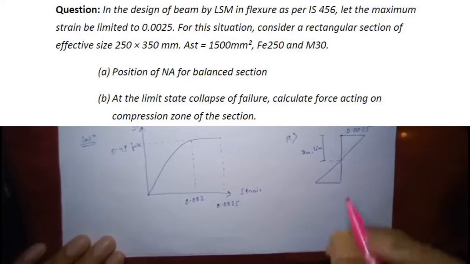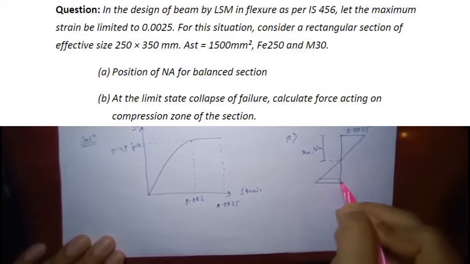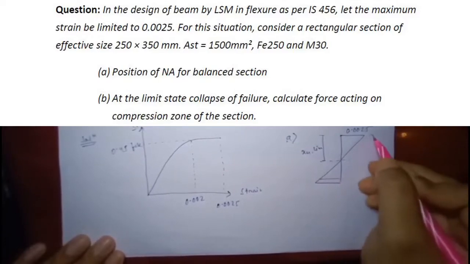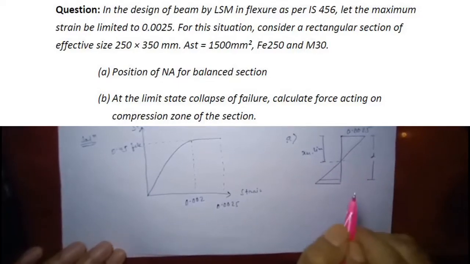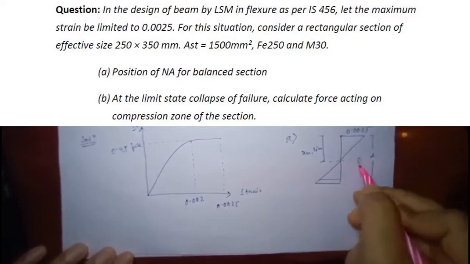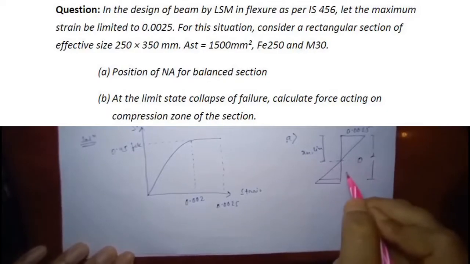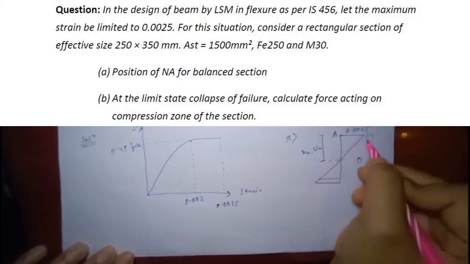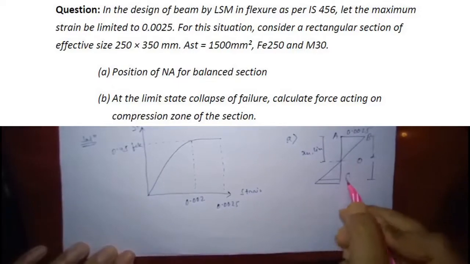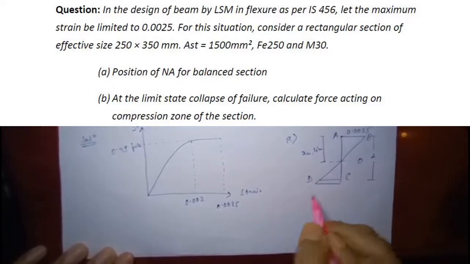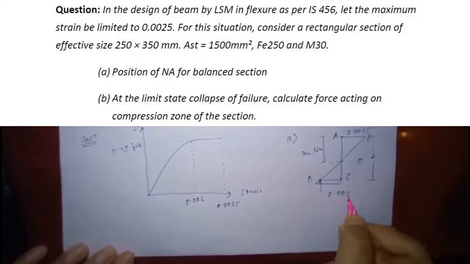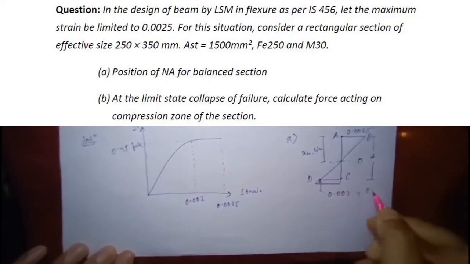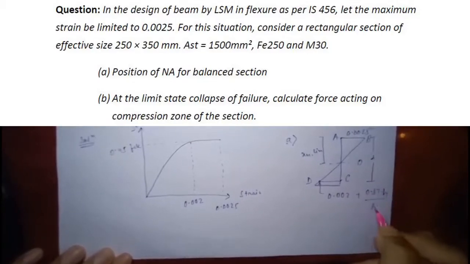So this is our xu limit, and suppose this is our depth d. Now this is O, the centermost part. This is AB, and this is CD. This point is C and this point is D, and this point is again 0.002 plus 0.87 fy upon Es.